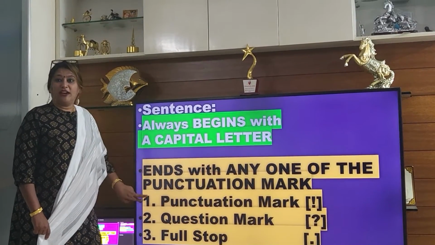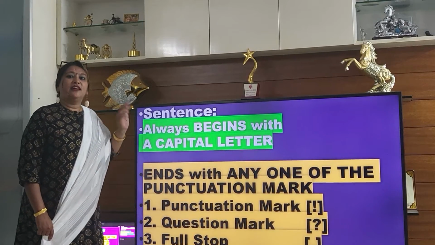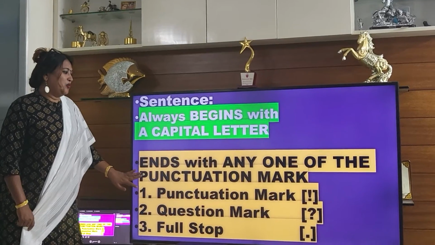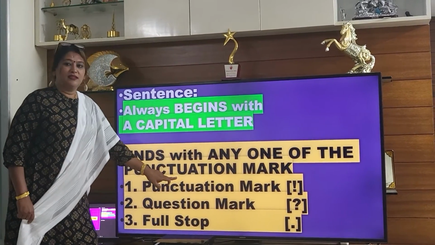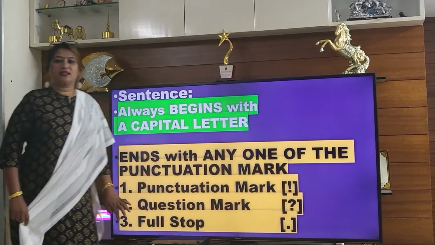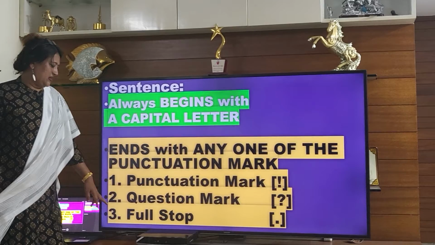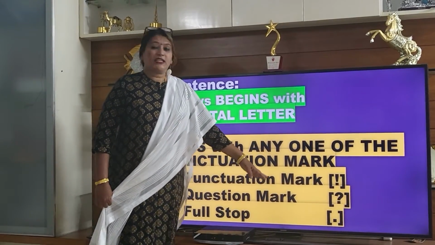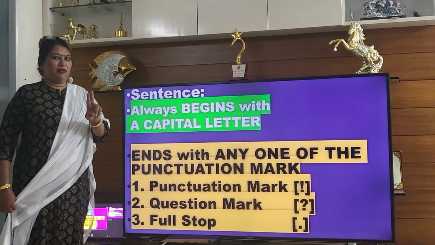Remember, children, mark it. First thing, it must begin with a capital letter. Second thing, it will end with any one of the punctuation marks. It can be either a question mark, a full stop, or an exclamation mark. Okay, got it? So two things you need to remember.